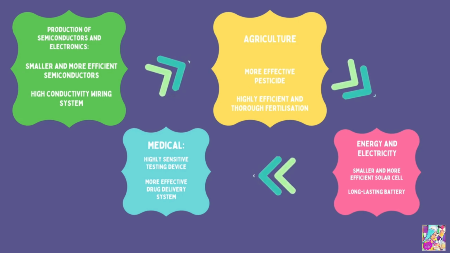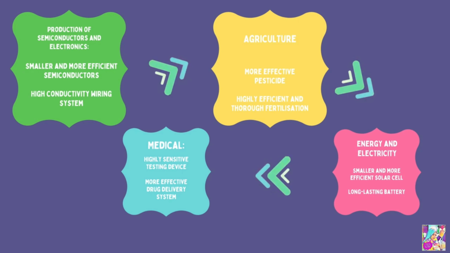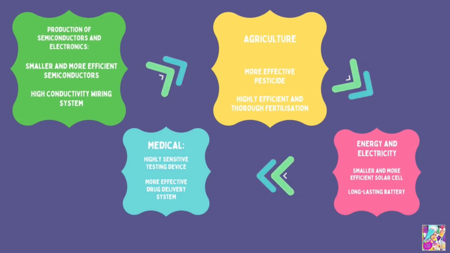And then in agriculture, because of more effective pesticides and highly efficient fertilization. Lastly, we use it in energy and electrical, because of smaller and more efficient solar cells and long-lasting batteries. So that's all about nanotechnology.